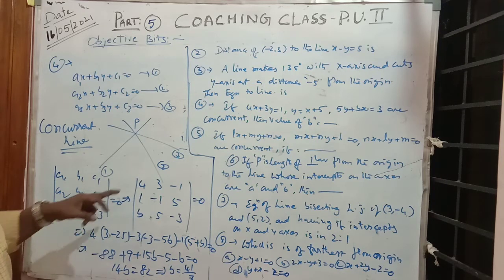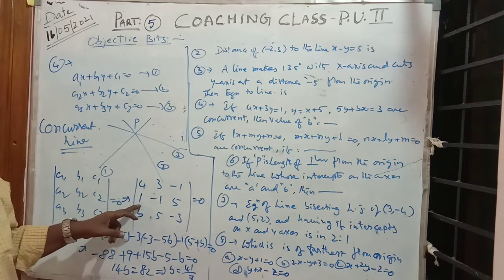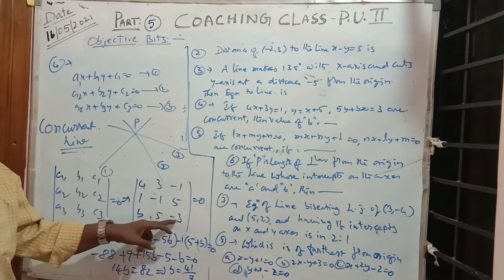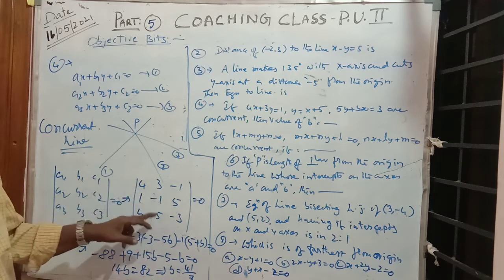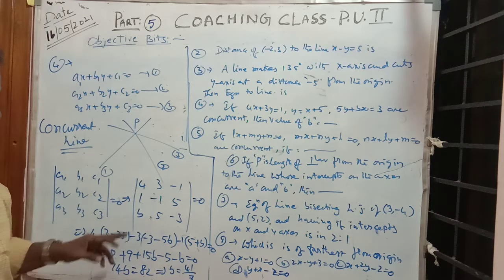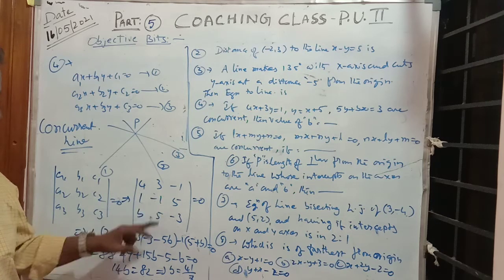Is it clear? First of all, you see there, 4 into 3 minus 1 is 1 minus 1, 5. It is b into 5 minus 3. Yes, okay. 4 of 3 minus 25 is 22, 2 88, and minus 3 of this is minus 3 minus 5b.